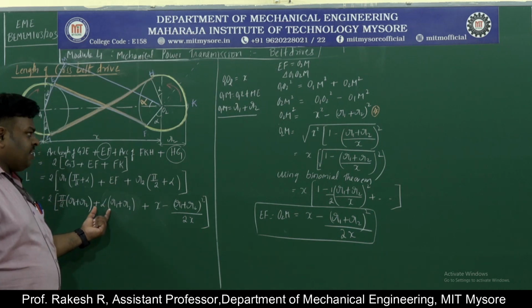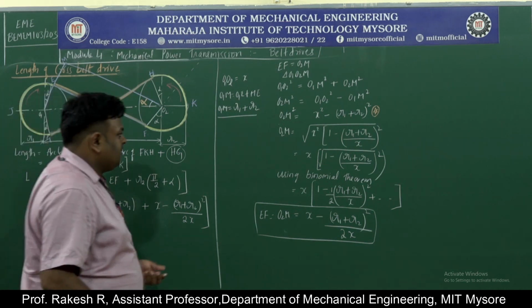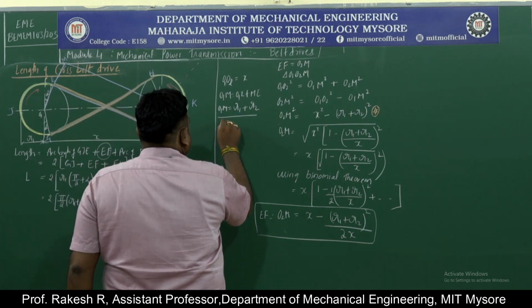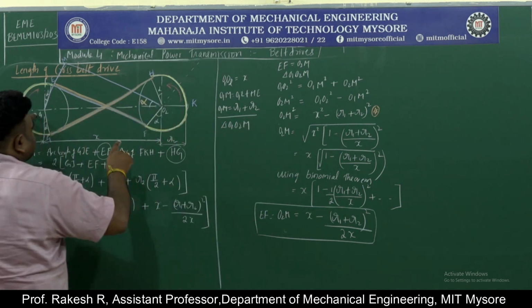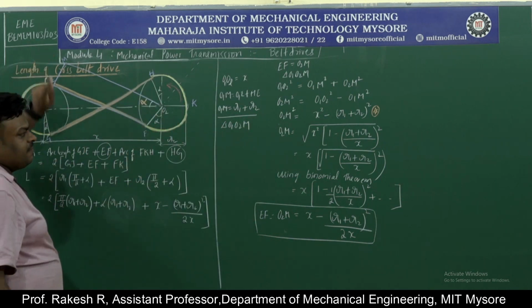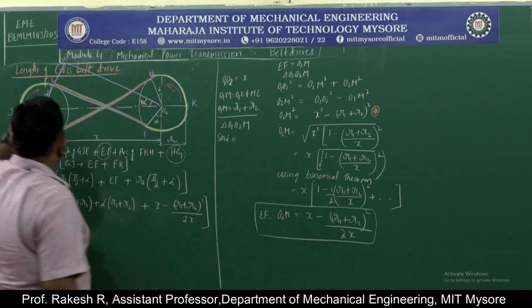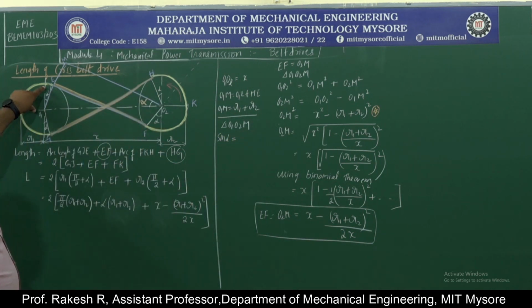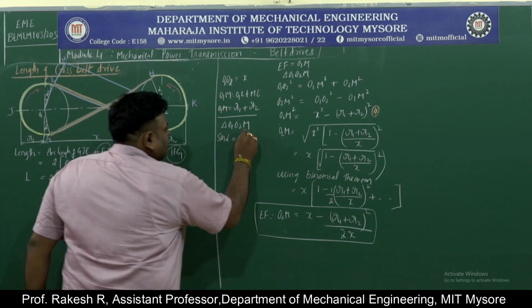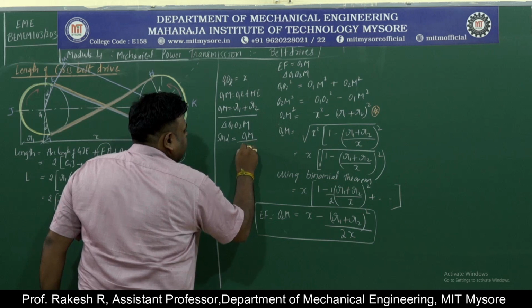Before that, I will be knowing what is alpha. What is alpha? I will be calculating here from triangle O1, O2, M. I will consider O1, O2, M. Sin alpha will be equal to opposite side. This is the opposite side, O1M, divided by hypotenuse.